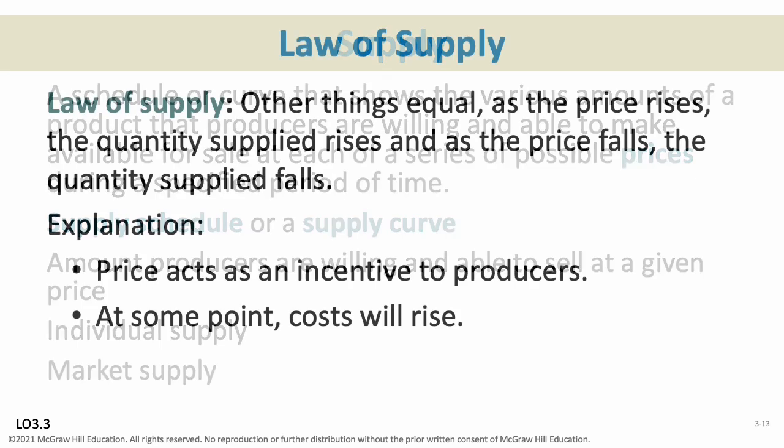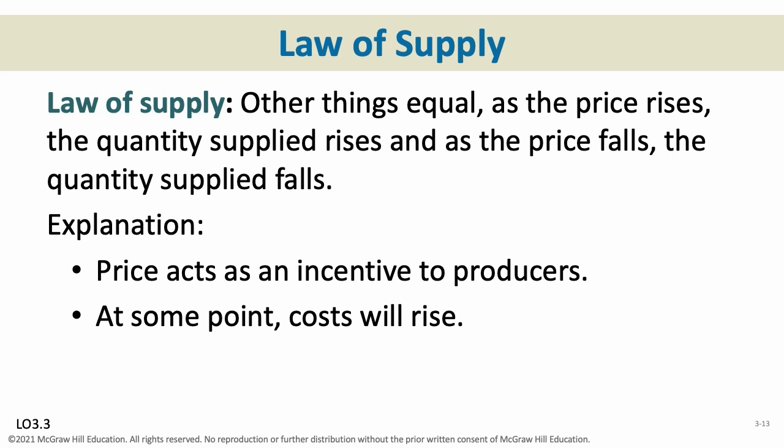And the law of supply runs opposite the law of demand. If we hold everything else equal, as price goes up, supply is going to go up. Quantity supplied to the market is going to go up. And as price falls, quantity supplied is going to fall. So unlike demand, higher prices are very attractive to producers.